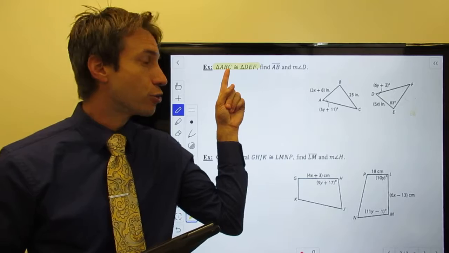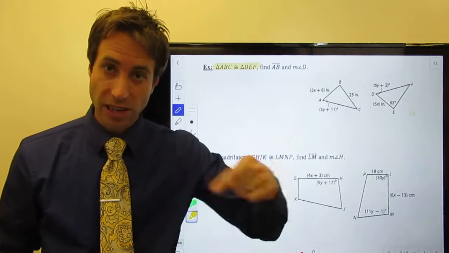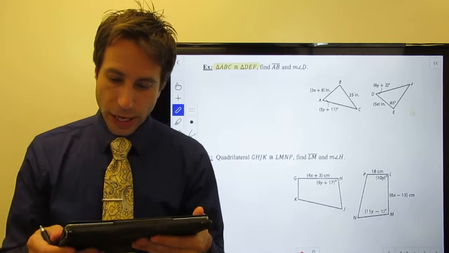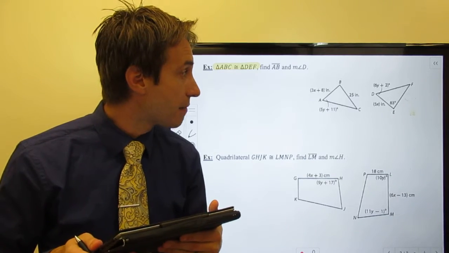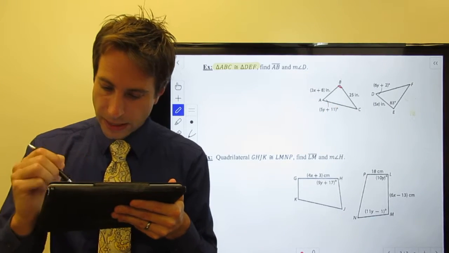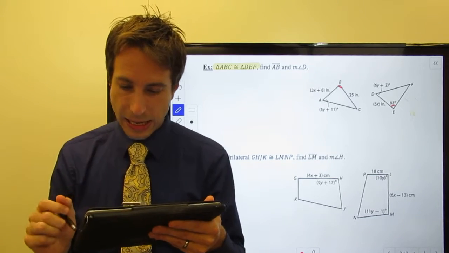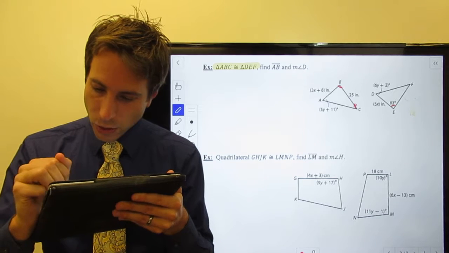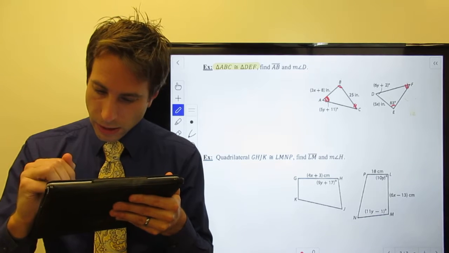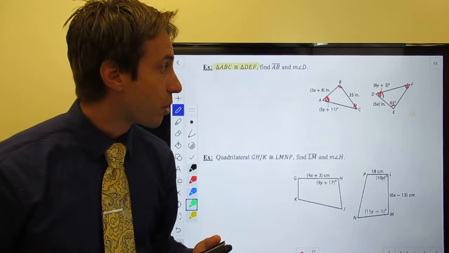I tell you the two triangles are congruent, so your job is to find the corresponding parts. Find the corresponding angles, find the corresponding sides, then we'll go from there. The corresponding angle to B, if I flip, should be E. That means C corresponds with F, and A corresponds with D. Now, corresponding sides.